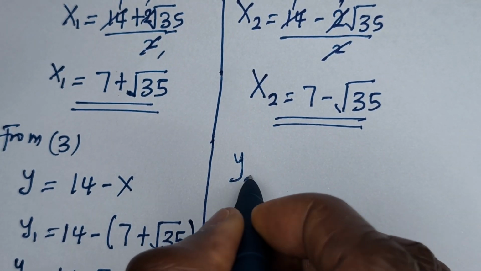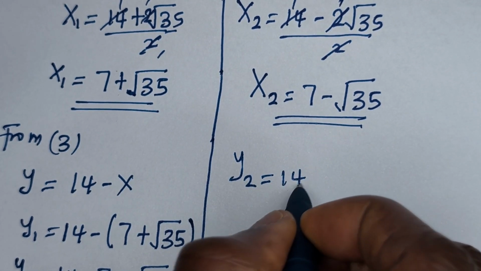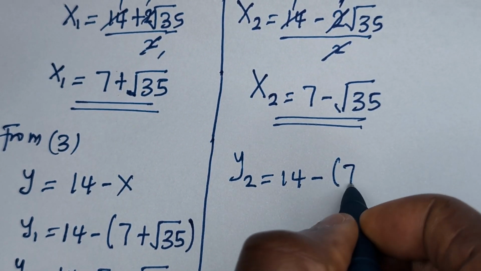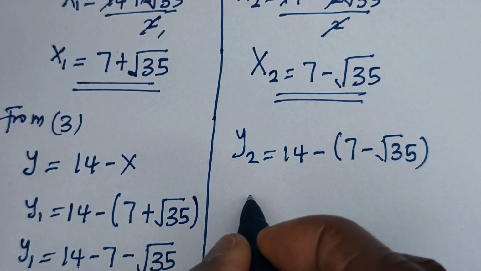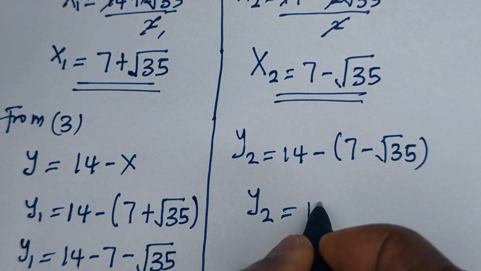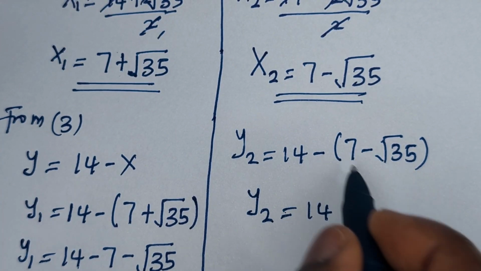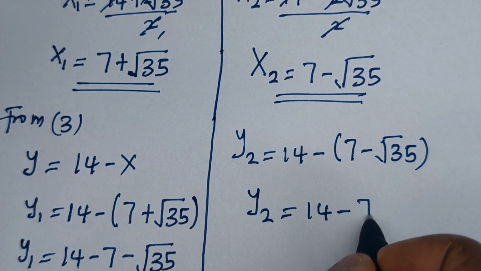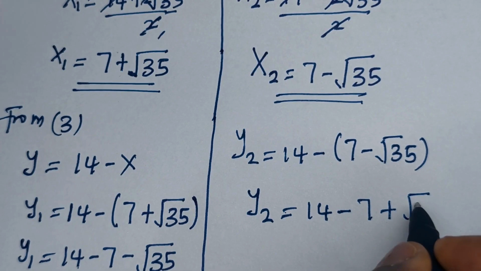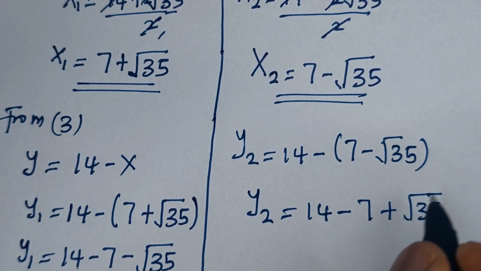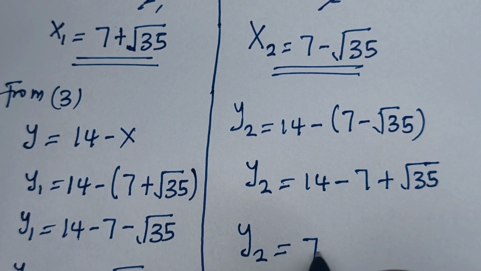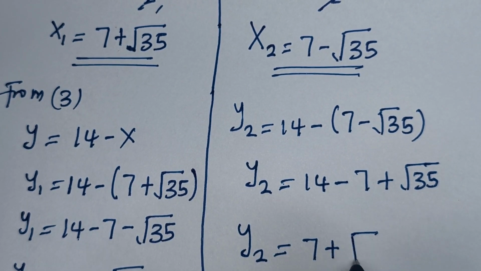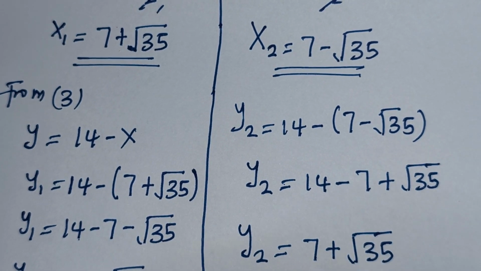Also, y2 is equal to 14 minus 7 minus square root of 35. y2 is equal to 14, if you open the bracket with negative here, we have minus 7 plus square root of 35. y2 is equal to 7 plus square root of 35. This is the value of y2.